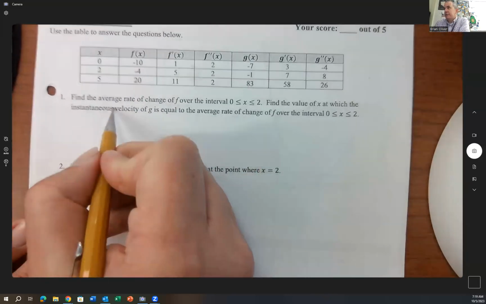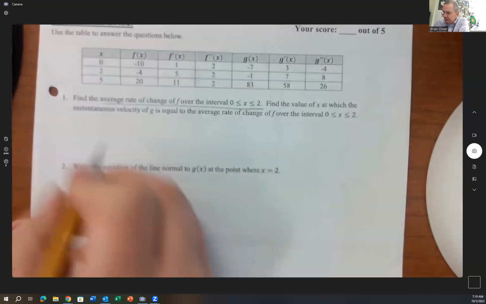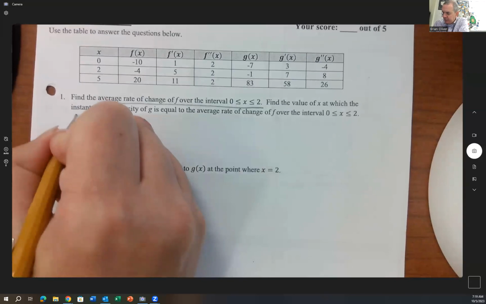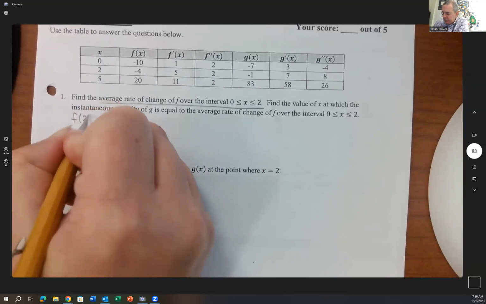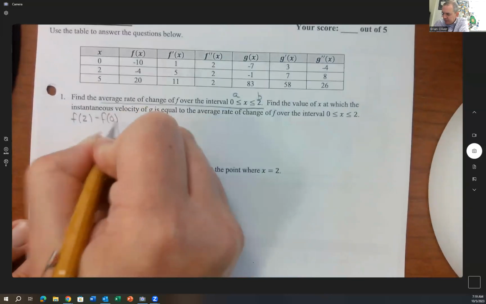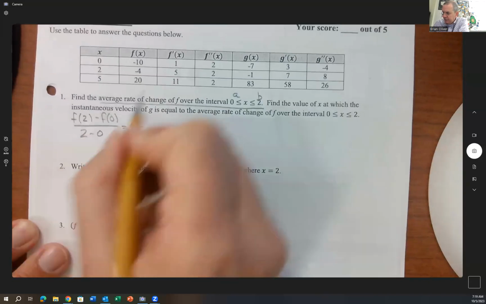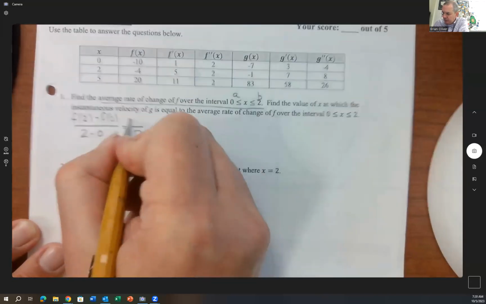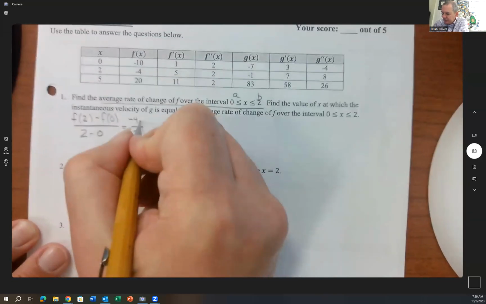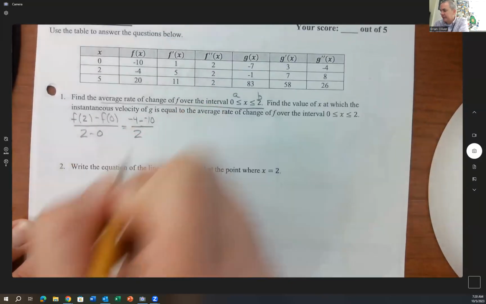Find the average rate of change over the interval of f. Average rate of change over an interval is f of b minus f of a over b minus a. So this would be b, this would be a: f of 2 minus f of 0 over 2 minus 0. f of 2 is negative 4. f of 0 is negative 10, so we're doing negative 4 minus negative 10.